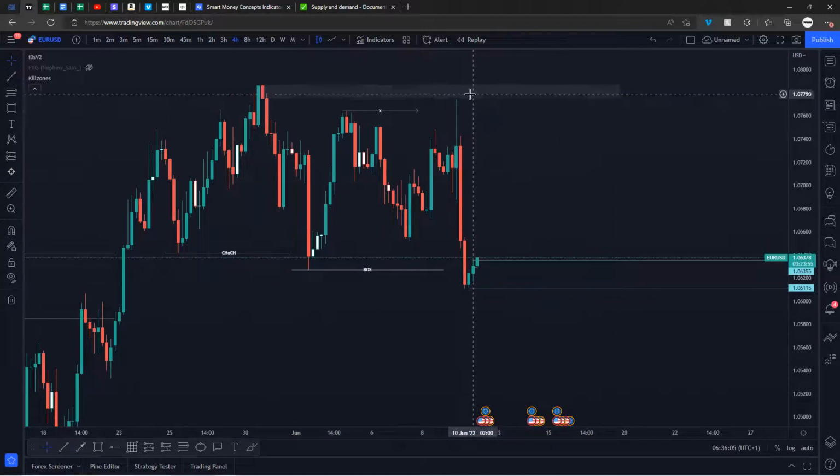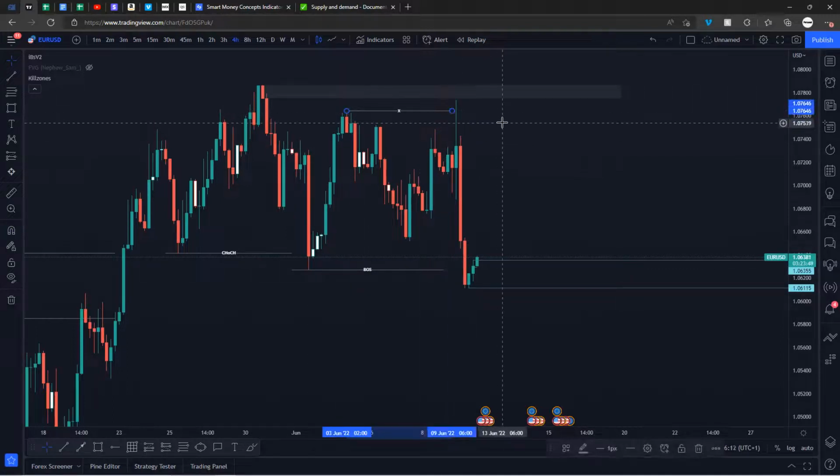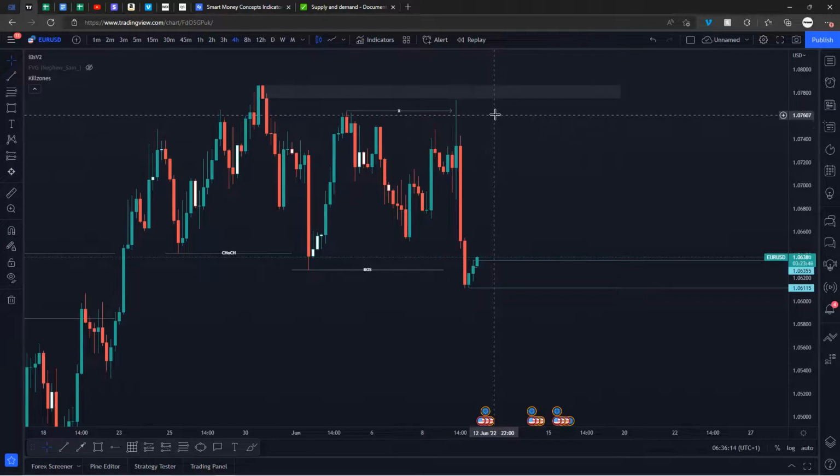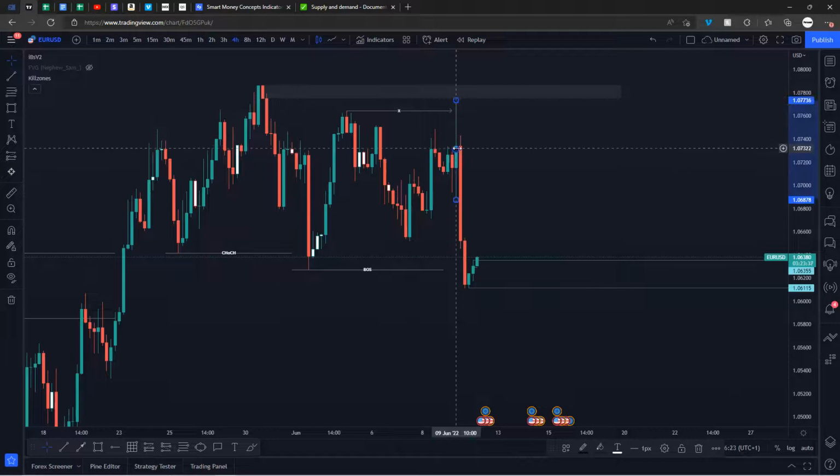We haven't exactly mitigated it, but we have had a sweep to indicate that this is a valid mitigation. So I would be looking for potential trades within this 4-hour order block.